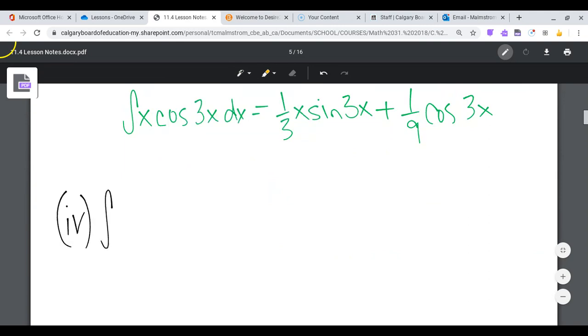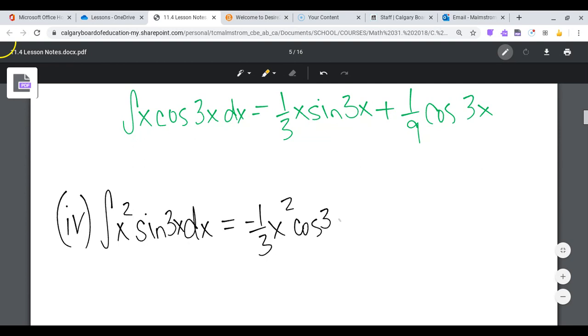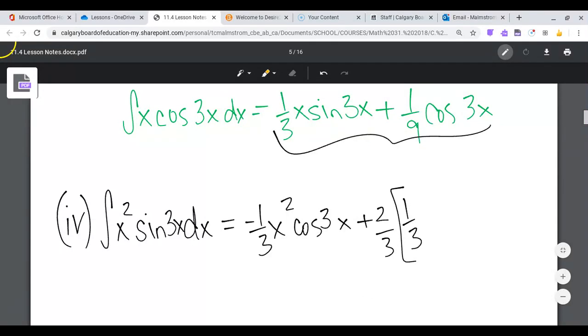We were looking at the integral of x squared sine 3x, which is equal to, we still have our uv from the original work in step 2, negative 1/3 x squared cos 3x, plus 2/3 times this whole piece. So let's put that in: 1/3 x sine 3x plus 1/9 cos 3x.